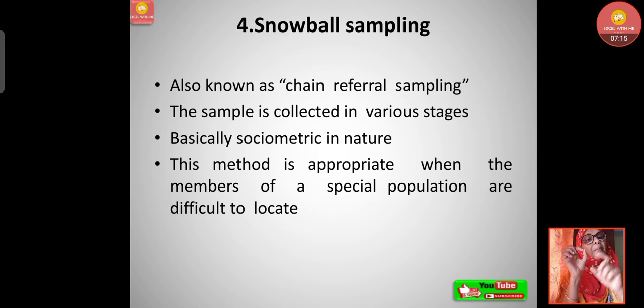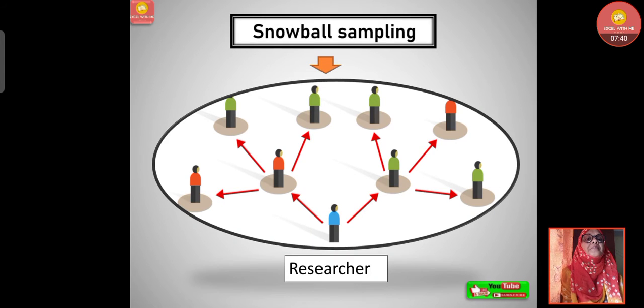The researcher will approach one person and that person will refer other person, like that chain will be followed. The sample is collected in various stages, basically sociometric in nature. That means socially people are helping the researcher to identify the subjects. This method is appropriate when the members of a special population are difficult to locate.